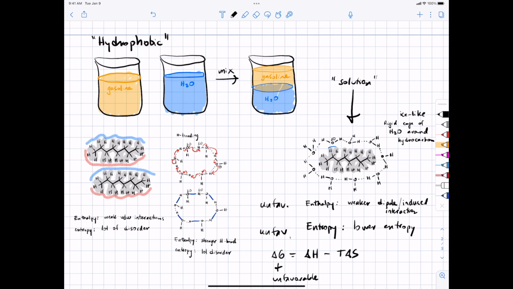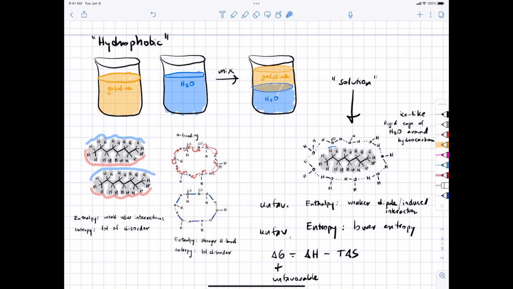Not because they are scared of water, and also not because the interactions between the two nonpolar molecules are so strong, because they're not. But it's because if you dissolve the nonpolar molecule in water, that doesn't lead to a decrease in free energy. You lose interaction strength and you increase order, you lower entropy, and both of those things are unfavorable.